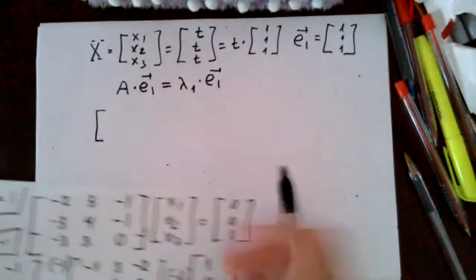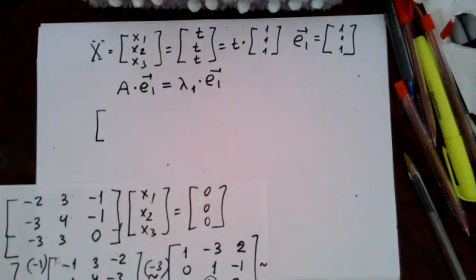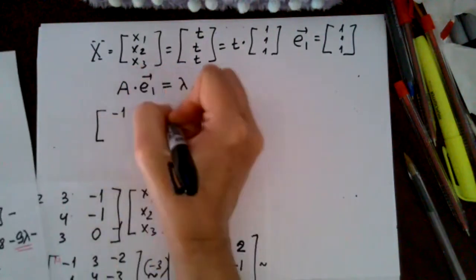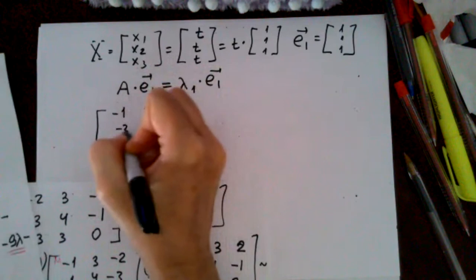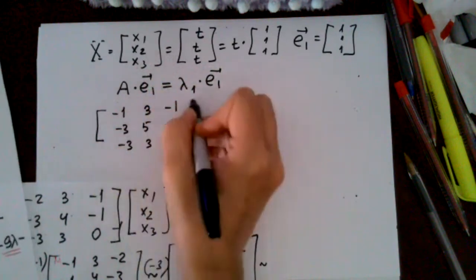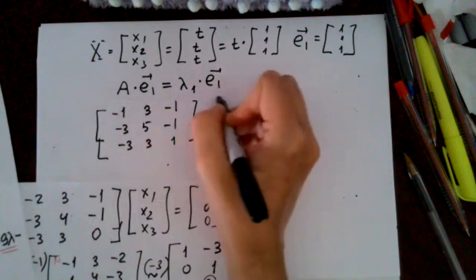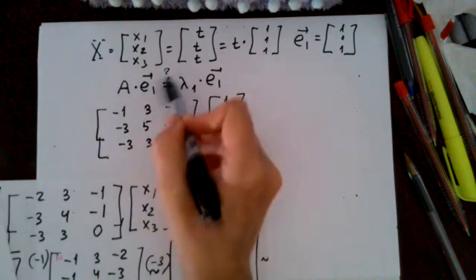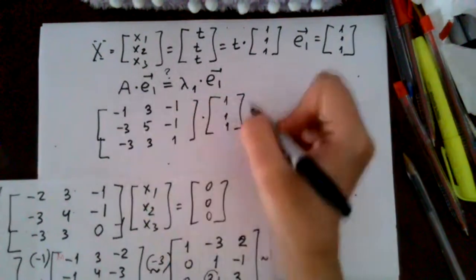Let's try and do it. So where's our matrix A? I already lost my matrix A, to be honest. Yeah, here it is: -1, 3, -1, -3, 5, -1, -3, 3, 1. So this was my matrix A, times my vector E1, 1, 1, 1. I'm calculating the left-hand side of this equation.